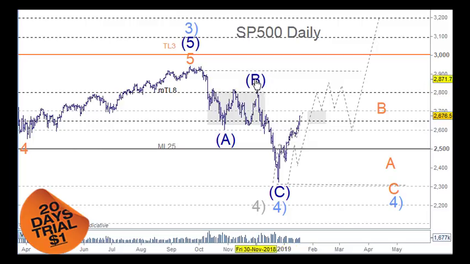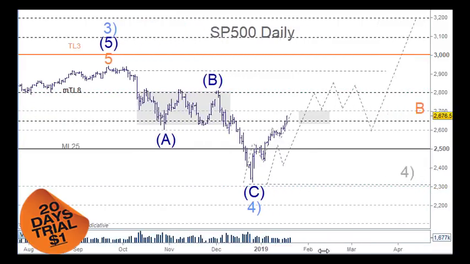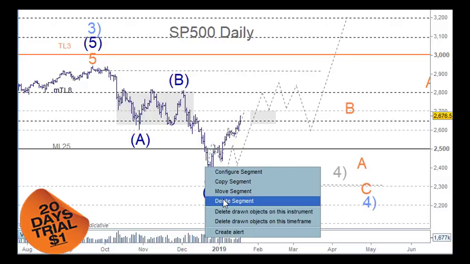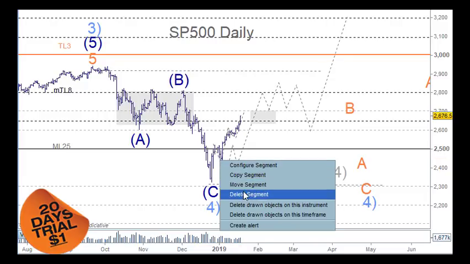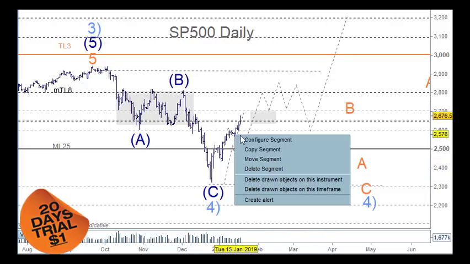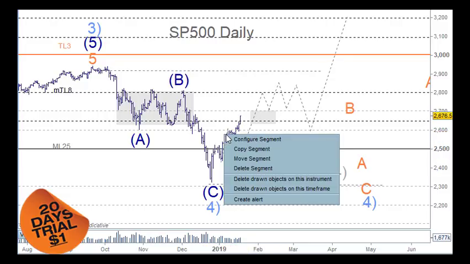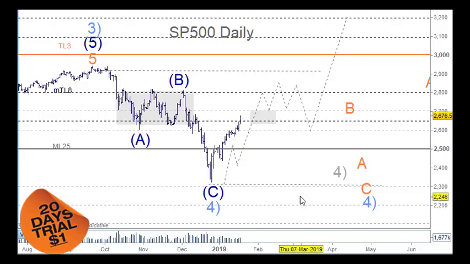So we can leave this as the primary count now, and we've also got to take on board what's happening in Europe, with its structure moving up higher, and not so much Asia, because Asia is still moving up into its 61.8%, from India and Australia and so on and so on. So there's still a lot to get through just yet.